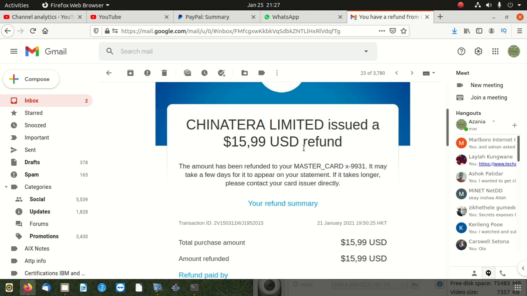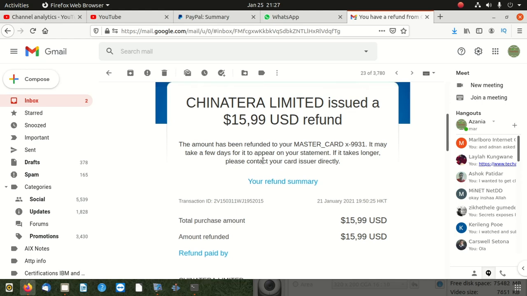because I requested a refund from eBay. Then they refunded me. They say the amount has been refunded to your MasterCard, and then they give you the number. It may take a few days to appear on your statement. If it takes longer, please contact your card issuer directly.